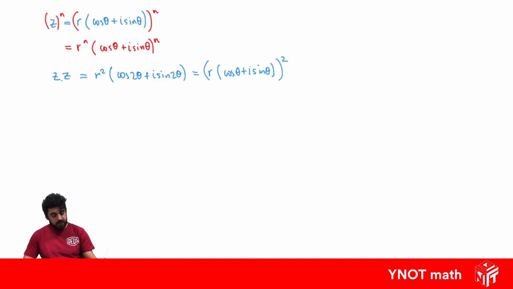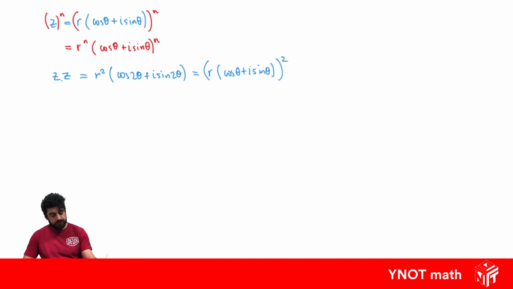From our first example, we saw if we raise in mod-arg form to the power of n, it's very obvious that r gets raised to the power of n just using simple index laws. So we're just going to focus on this part here to the power of n.